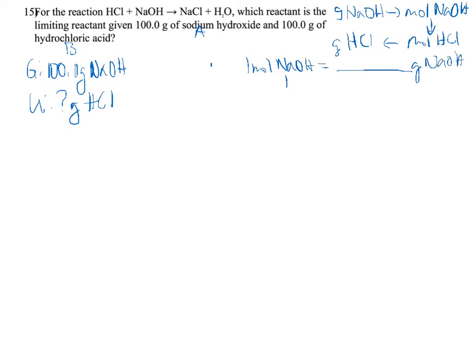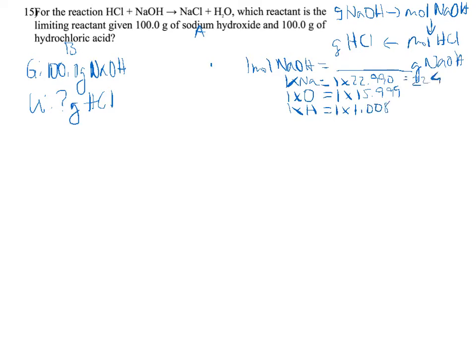We have to calculate 1 times sodium, 1 times oxygen, 1 times hydrogen. So that's 1 times 22.990, 1 times 15.999, and 1 times 1.008.